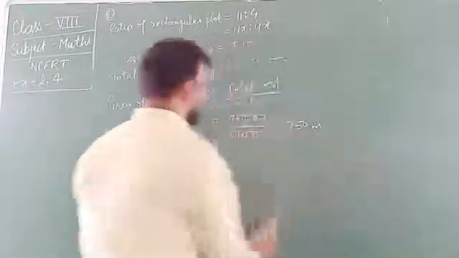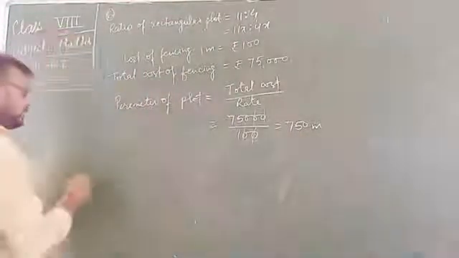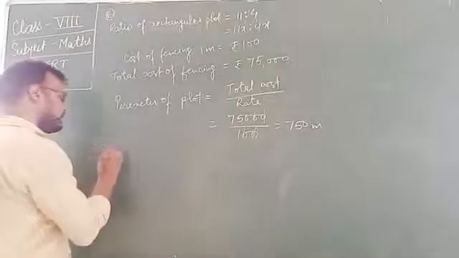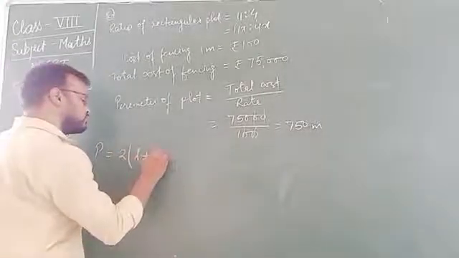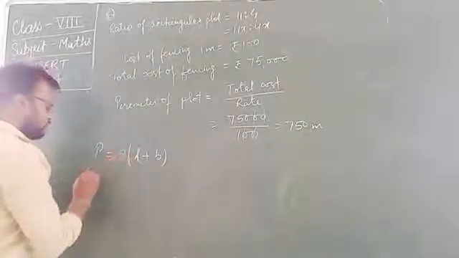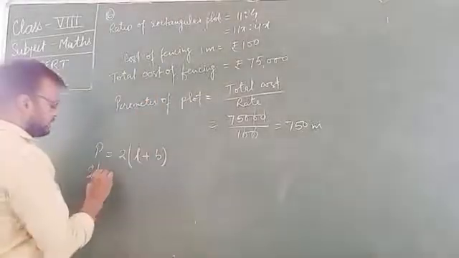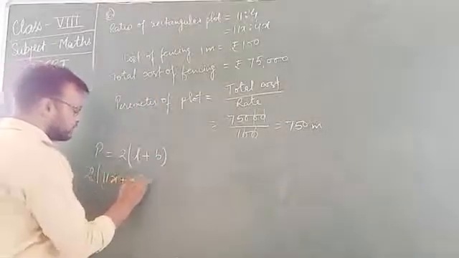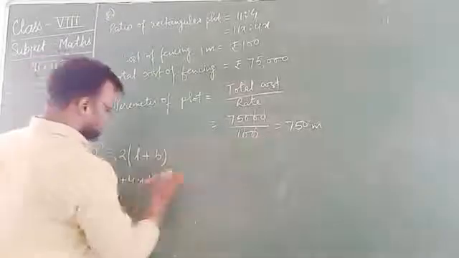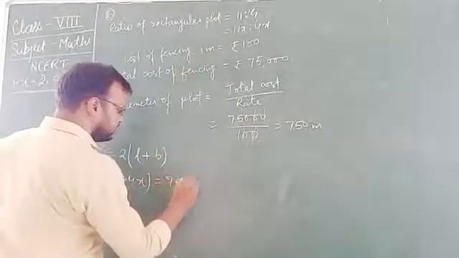Now we know that perimeter equals 2 in bracket length plus breadth. So 2 in bracket, what is the length? Length is 11x and breadth is 4x. And what is the perimeter? 750.